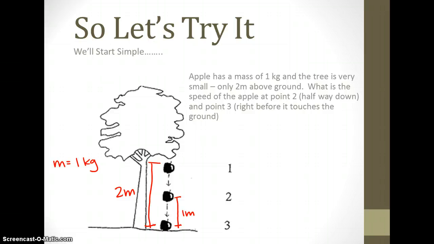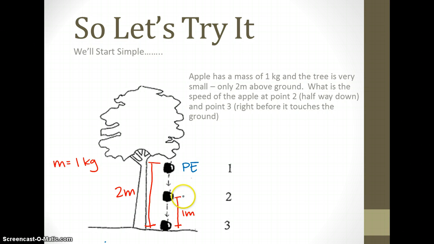Okay, let's go through and actually label what type of energy we have at each location. Here at the top, our apple has potential energy because it's just started its fall. It has a lot of height, but right when it's released, it's not going to have any speed, so there's no kinetic.